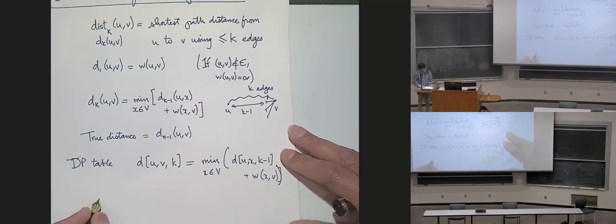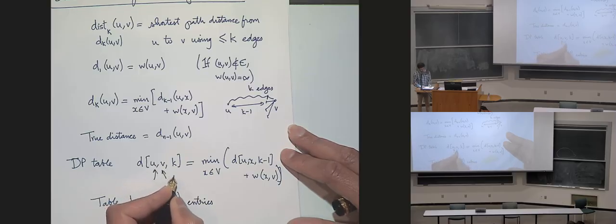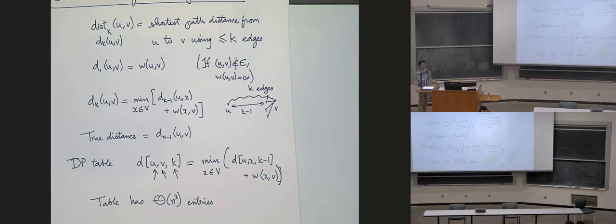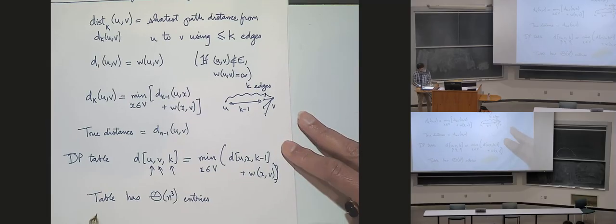And so the table has basically theta of n cubed entries, right? It has one n for u, one for v, and one n for k. And each entry takes theta of n time to update.